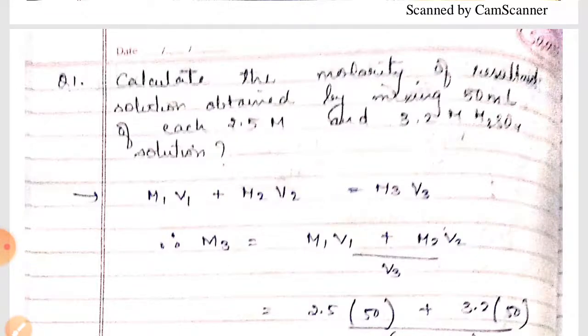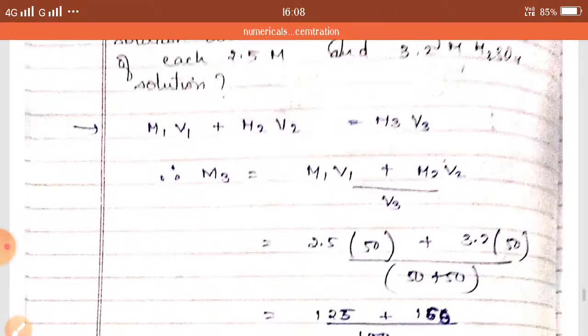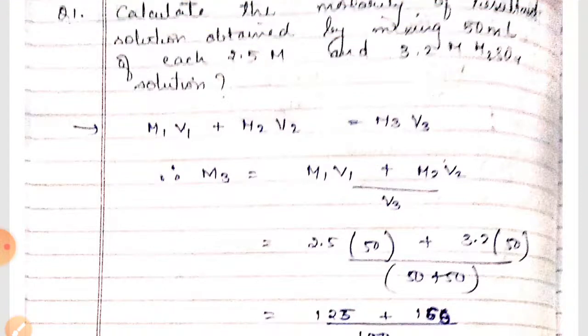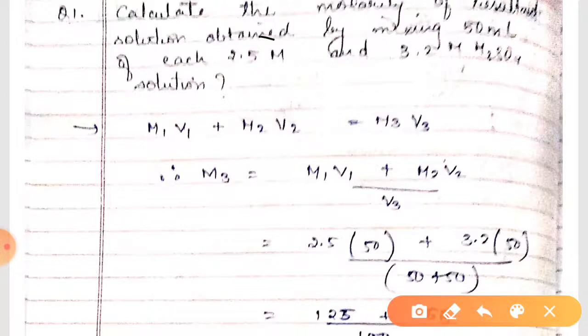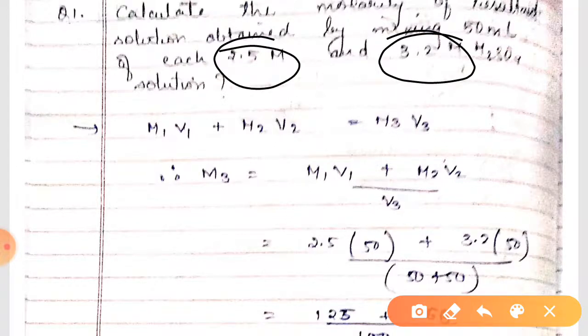Calculate the molarity of the resultant solution obtained by mixing 50 ml of 2.5 molar and 50 ml of 3.2 molar sulfuric acid. Now, 50 ml each. You have two solutions. The first solution has 2.5 molarity and the second is 3.2. So I know M1, M2.